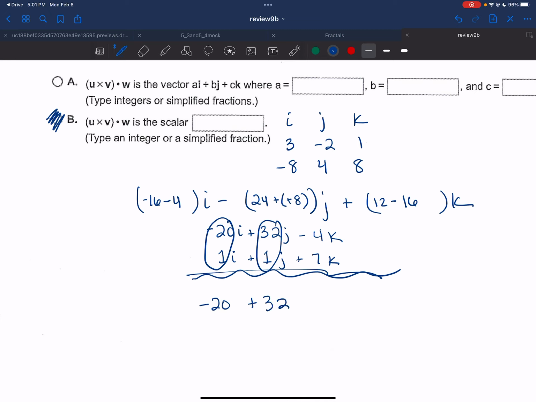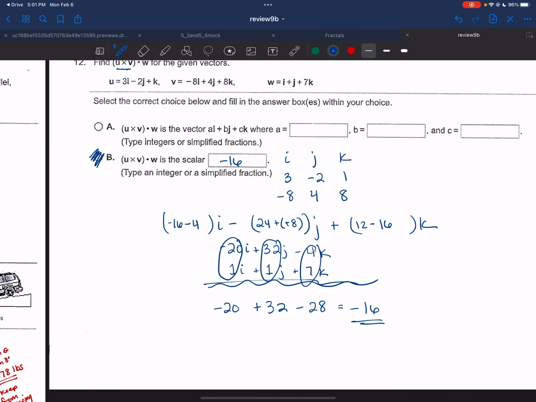And 4 times 7 is negative 28 because we have a negative sign on that. So let me go ahead and add these up. We have negative 20 plus 32 minus 28. That's going to be negative 16. So my value is negative 16 right here. That is my scalar quantity.